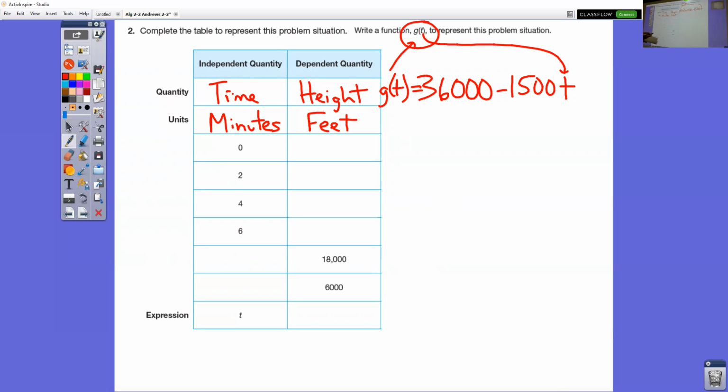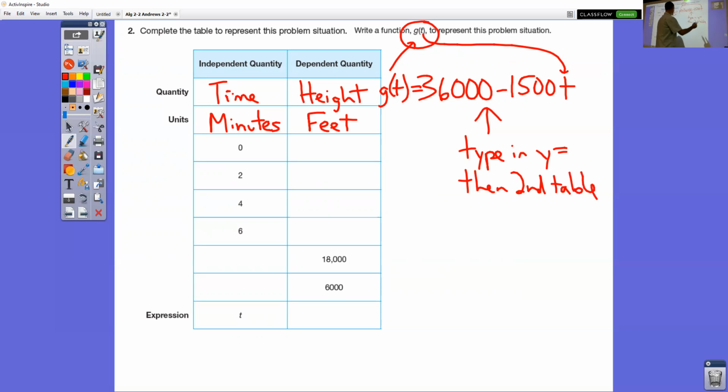So again, you could type this right into the calculator. Type it into your y equals, and then do second and table to show you the values to put into our table over here. Well, I'm just going to do that for you. 0 is really 36,000.